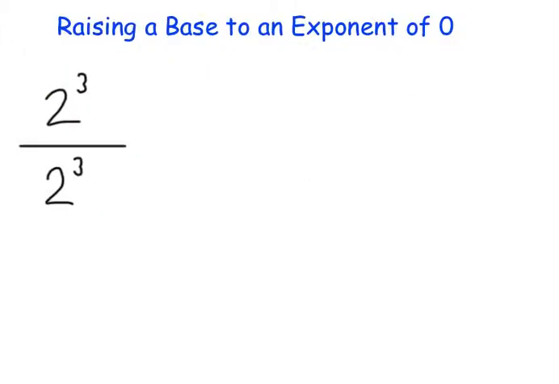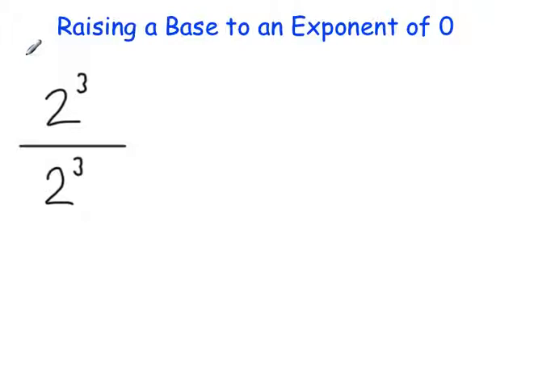Raising a base to an exponent of 0. We have not seen this yet, but we will understand how to do this. In order to derive how to raise a number or a base to an exponent of 0, we are going to look at this example. This is a problem that we reviewed in lesson 1, dividing exponential numbers with a common base.